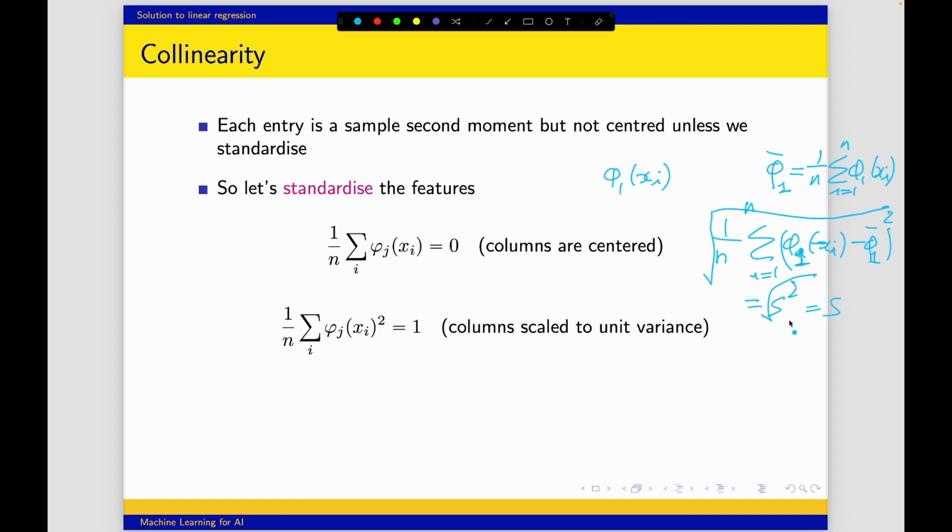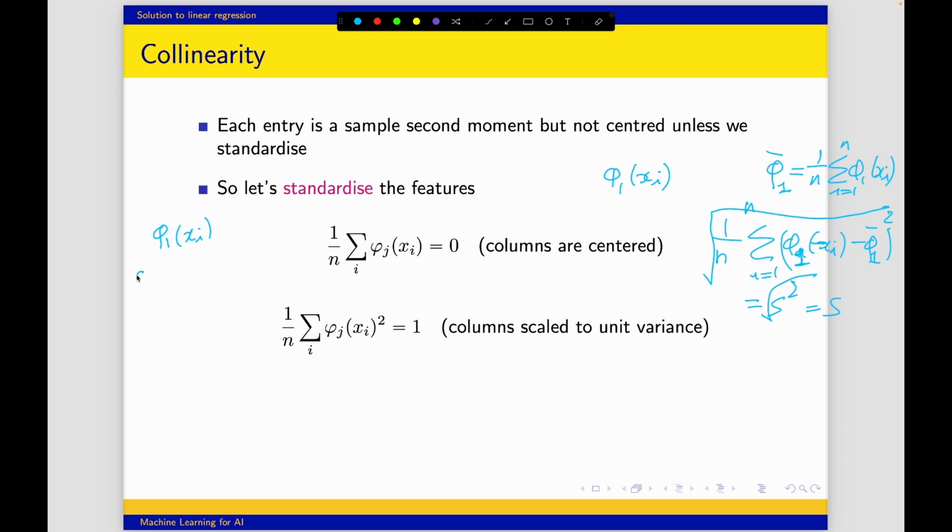So what we do after we've centered is divide by S, right? And the new transformed variable will satisfy this condition. So all in all, what we're saying is this: we start out with the psi1 xi values, and we rescale them and center them in the following way.